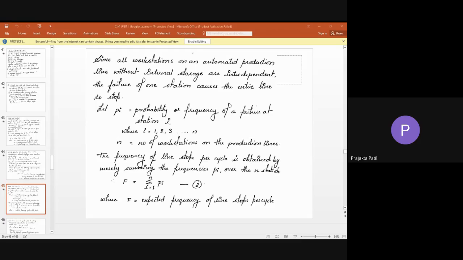Can you see this? The slide is visible, ma'am. Not the slide. I've just put up a PDF here, analysis of automated transfer lines without storage during breakdown. No, ma'am, only the slide is visible. Okay, fine.